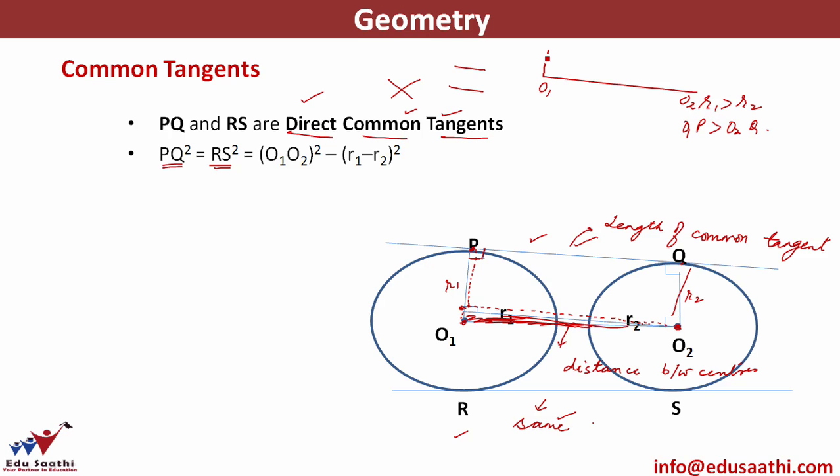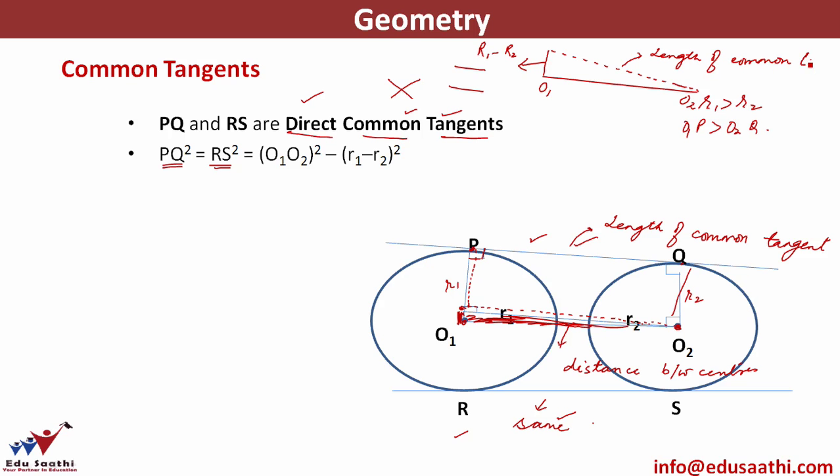This length will be equal to R1 minus R2, because this will be actually equal to the difference between the two radii. For R2, I've already drawn a line parallel, so this distance I'm left with is R1 minus R2. And I join this line I've drawn parallel to PQ. So if I just join this, this will be basically the length of the common tangent.